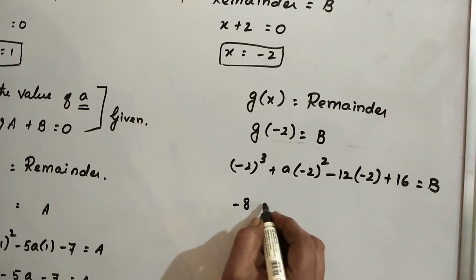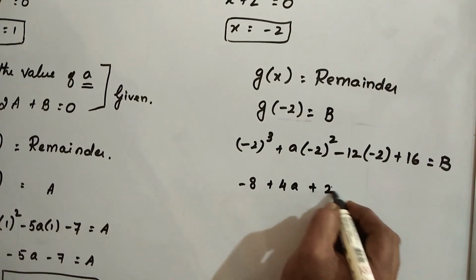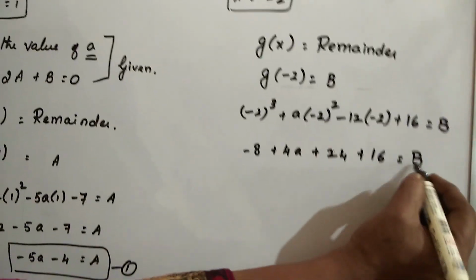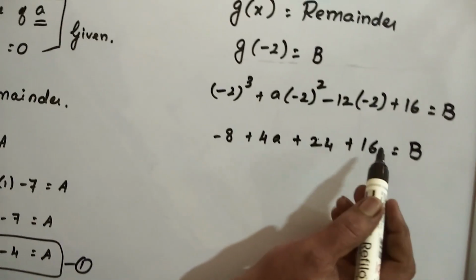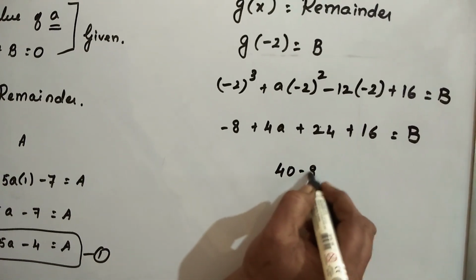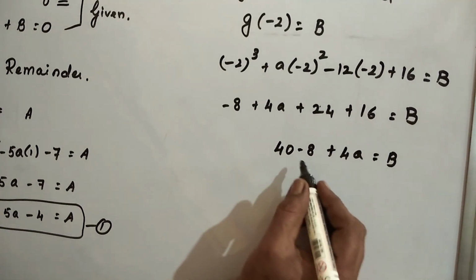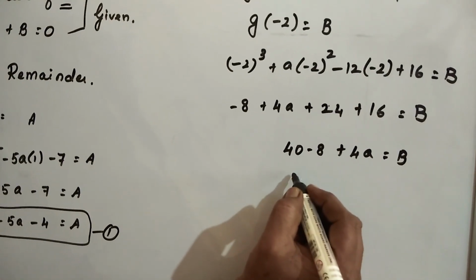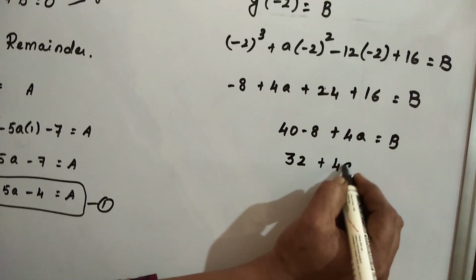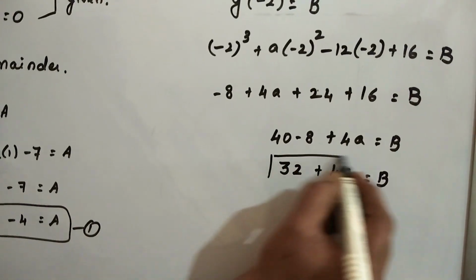Minus 8 plus 4a plus 24 plus 16 is equal to b. 24, 30, 40. So 40 minus 8 plus 4a is equal to b, and you will get 32 plus 4a is equal to b.